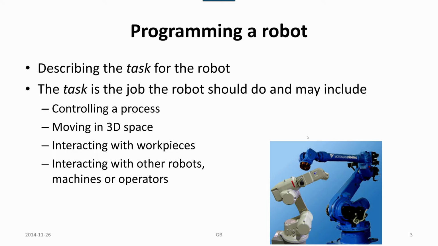The task is the job the robot should do and may include controlling a process, the moving of the robot arm for different workpieces in 3D space, or devices, whatever it is, interaction with workpieces, meaning interaction could be between the robot end effector and the workpiece, but also different kinds of processing operations, which could be welding, laser cutting, polishing, deburring, whatever actually, and interaction with other robots, machines, operations in collaborative modes.